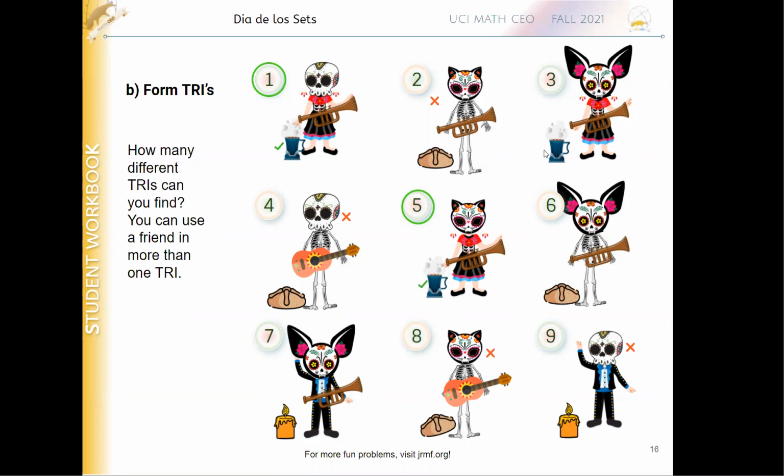So I guess number 3 is a good candidate to form our tree. Let's check. So we just check the faces. They're different animals, right? One is a human, the other is a kitten, the other is a dog. They're all musicians that play trumpet. They all drink chocolate and they're all wearing skirts. Excellent.